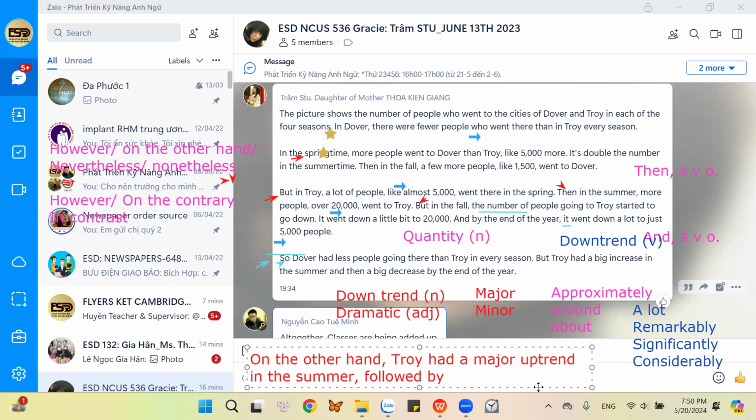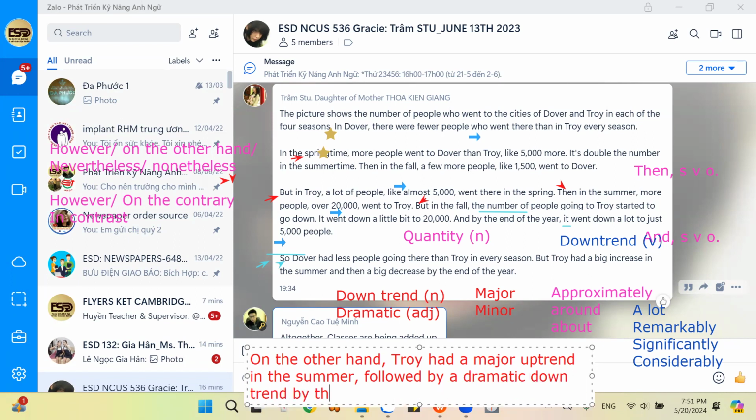Followed by, how do we use it? You just need to write a full sentence, and at the end of the sentence, you add followed by. It means this thing happens after the first thing happens. Followed by what? You can switch "and then" to followed by a dramatic downtrend by the end of the year.